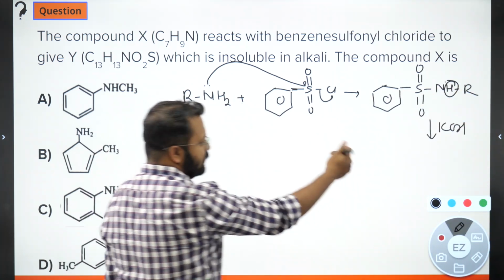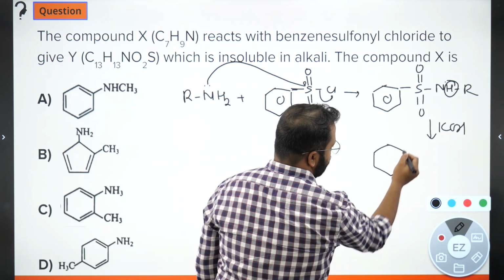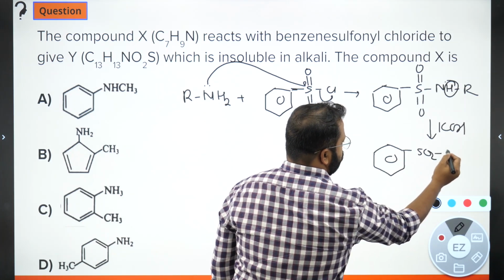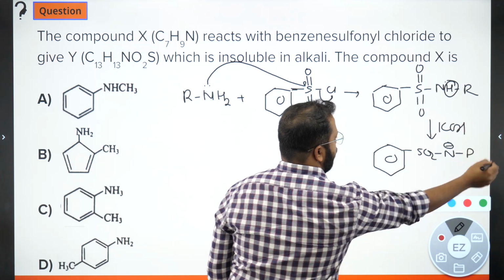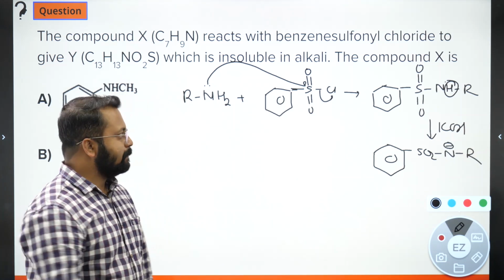Okay, because that's an acidic proton, I will get a salt, SO2N minus R. ठीक है?